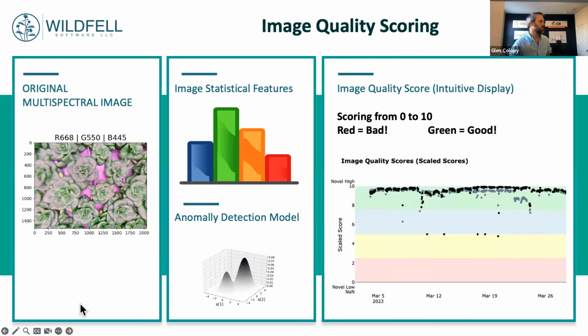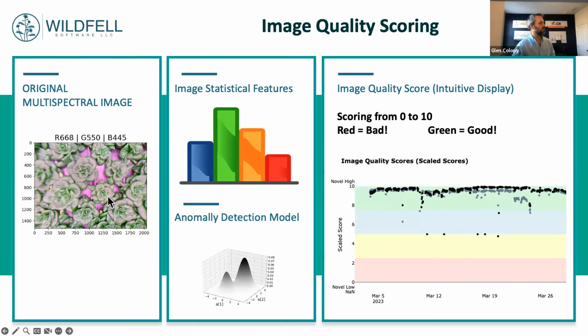So a quick example: this is something like image quality scoring, and this is an initial 80-20 example, where there are a lot of complex computer vision models that we can use for anomaly detection on data. But you could also take an image, break it down by its statistical features, and create an anomaly detection model that way. Something as simple as plopping a kernel density estimate over statistical features of the image and flagging the ones that fall far out from what might be expected.